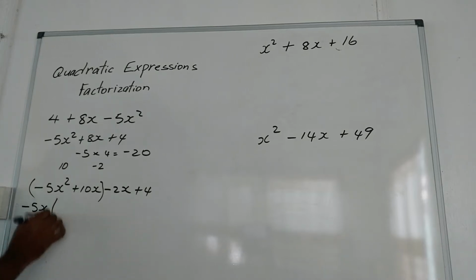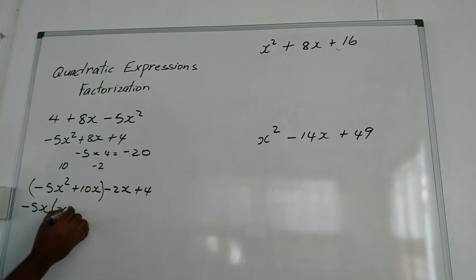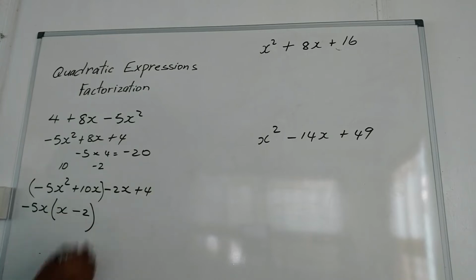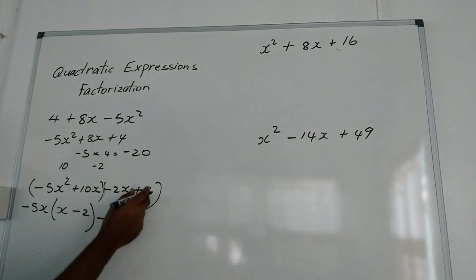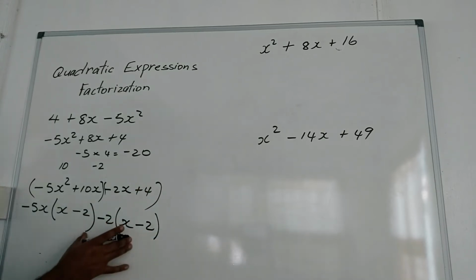Negative 5x squared divided by negative 5x gives x, and 10x divided by negative 5x gives negative 2. On this side, our common factor will be negative 2. Negative 2x divided by negative 2 gives x, and 4 divided by negative 2 gives minus 2. So here our brackets are the same.